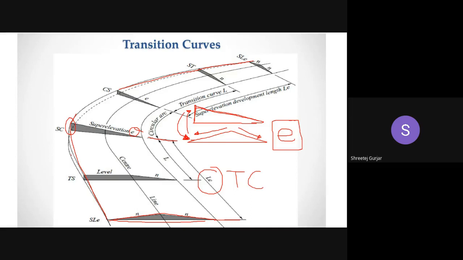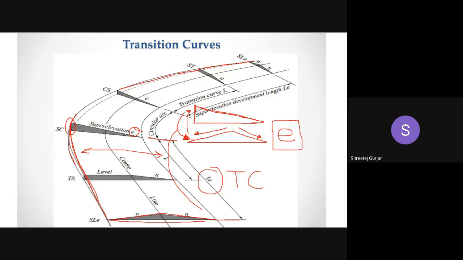That raising of the outer edge has to follow some rate. So this rate of increase of super elevation and also the rate of increase of the curvature have to be kept the same. These two have to be kept the same.